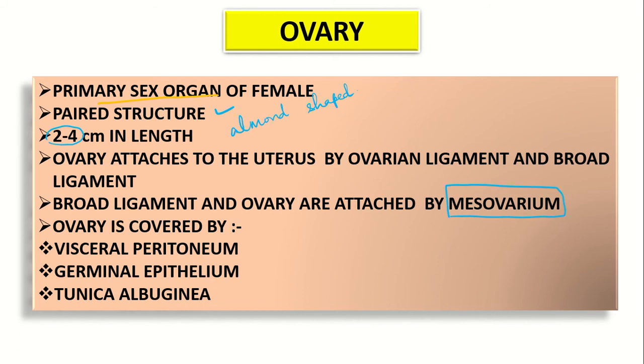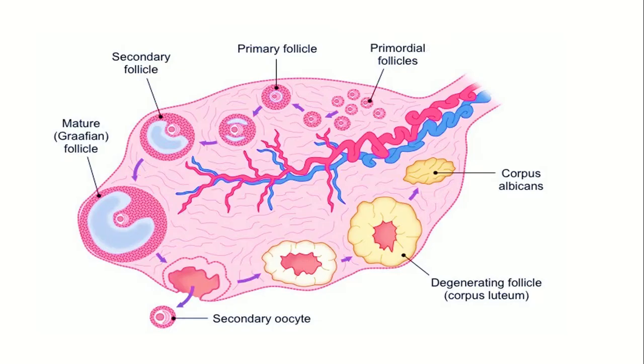So if we will talk about the outer coverings of the ovary, it is basically covered by the visceral peritoneum, which is the outer one, then the germinal epithelium, and then the tunica albuginea layer.